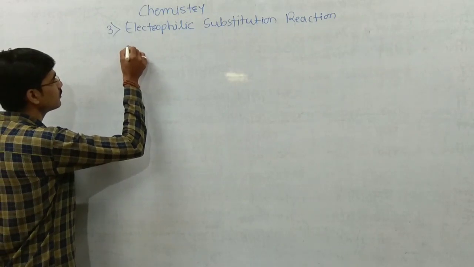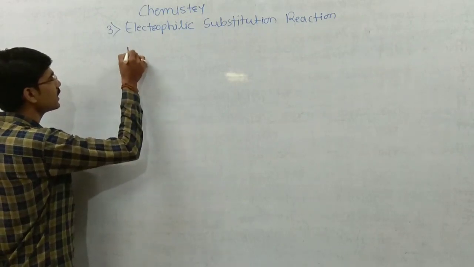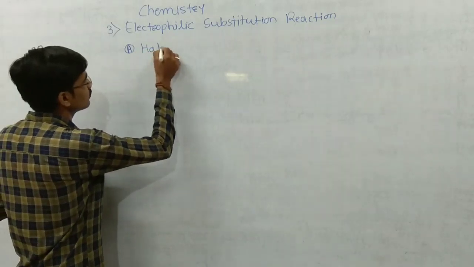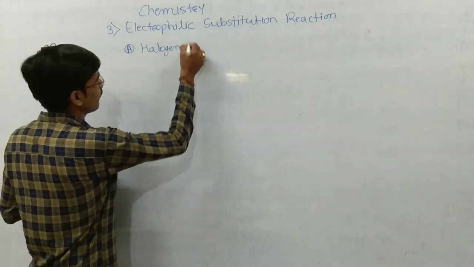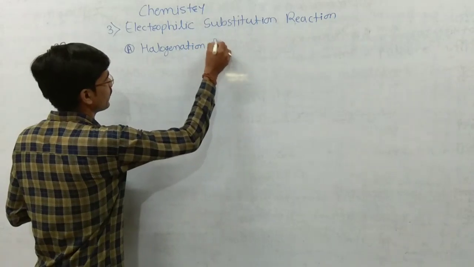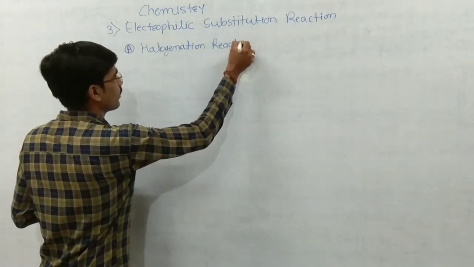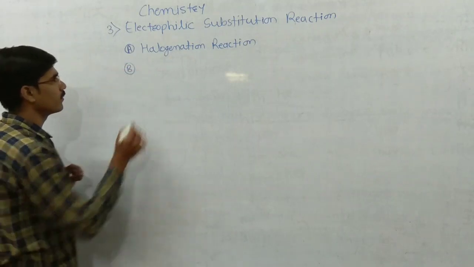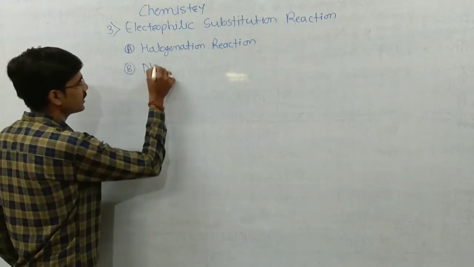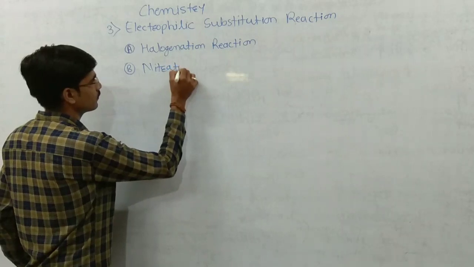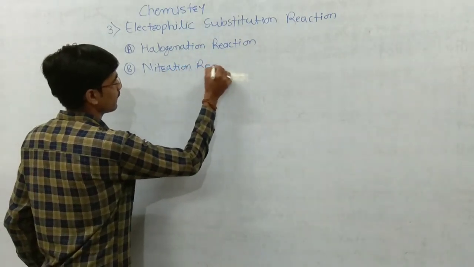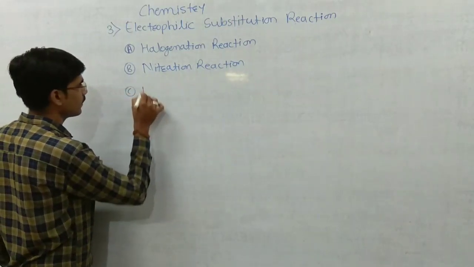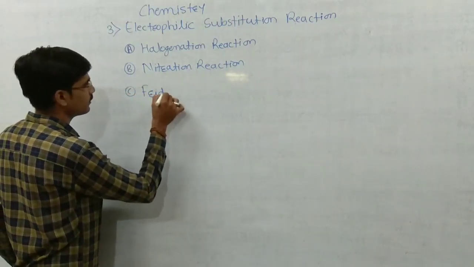Then this electrophilic substitution reaction has three types. Number one, we write here A, halogenation reaction. Number two, B, nitration reaction. Number C, Friedel-Crafts reaction.